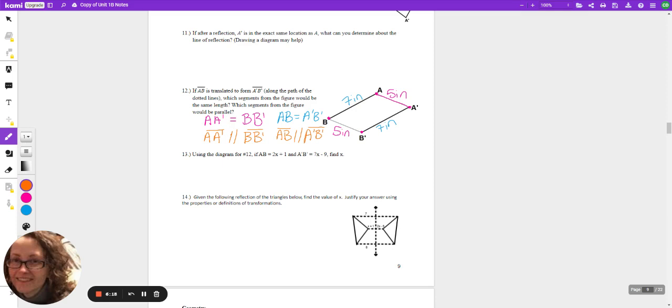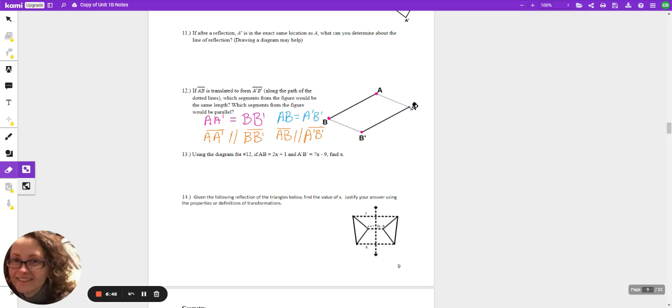And I know that I have parallel sides because the same direction was used to translate. So we're using quite a lot of the properties of translation just to find which sides are parallel and which sides are congruent.